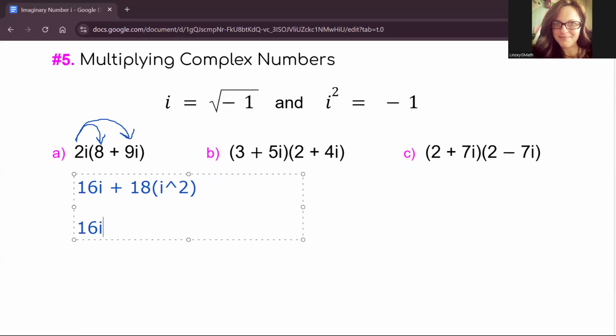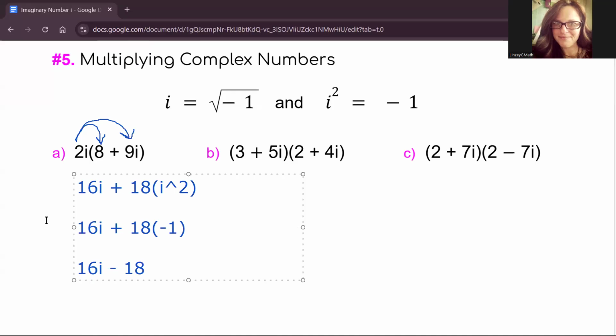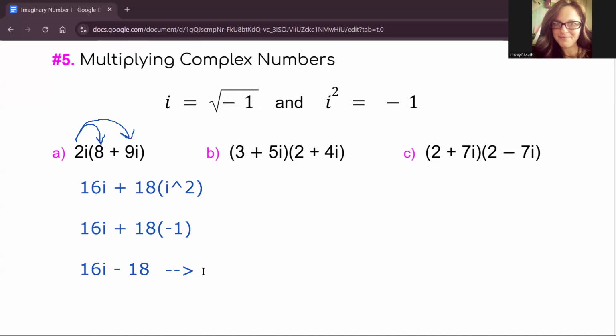And then i squared is negative 1. So we get 16i minus 18. And most mathematicians will rewrite this in standard form, negative 18 plus 16i, making sure the real number part is on the left.